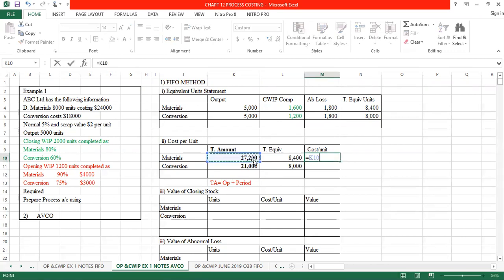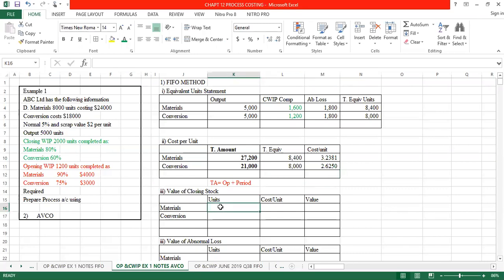Cost per unit is this divided by that, which is 3. Let's see if they were rounded off. Yeah, they were big figures. So cost per units are there.